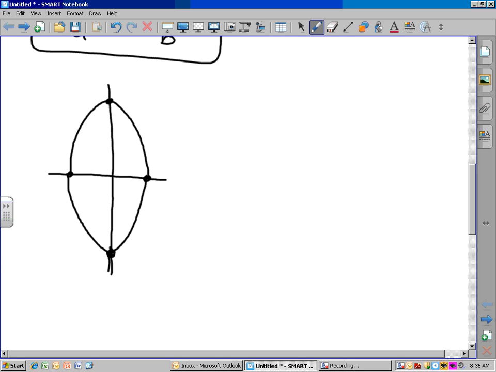So my vertex is going to be (0, a) and (0, negative a). I'm centered at the origin, but we'll call it (h, k). My minor is b, so in this case, it's (b, 0) and (negative b, 0).